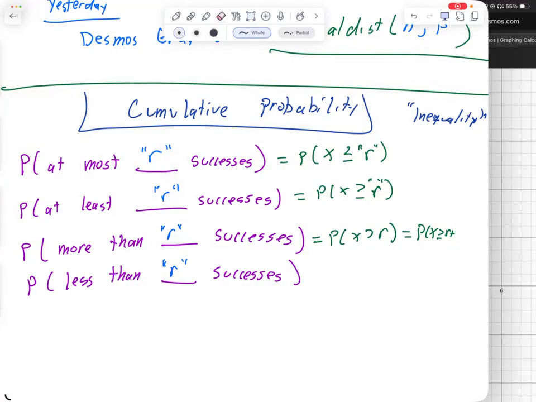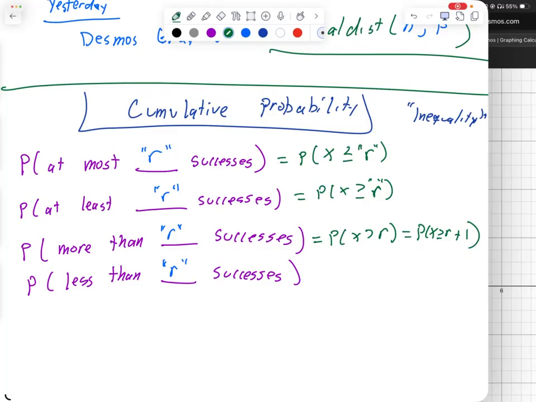That's a plus 1. So more than 3 would be the same thing as greater than or equal to...? If r is 3. Oh, 3? The probability that x is greater than 3 is greater or equal to 4.